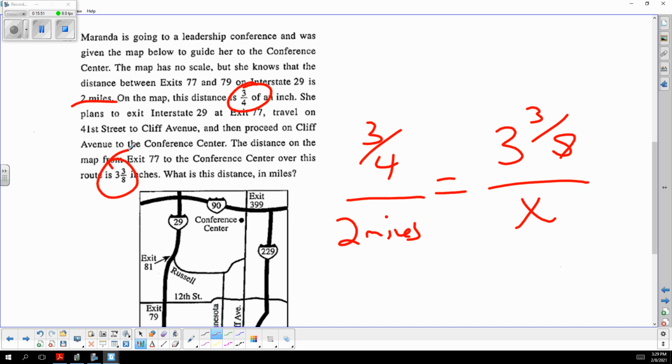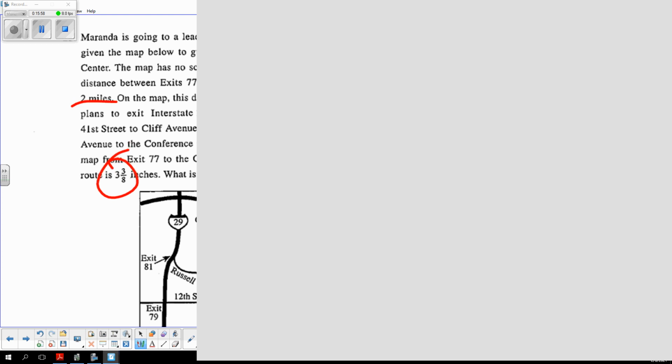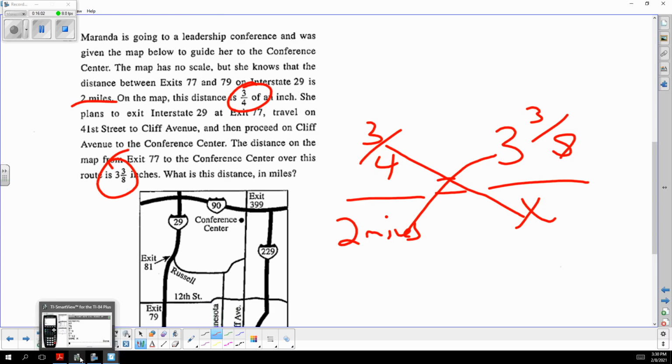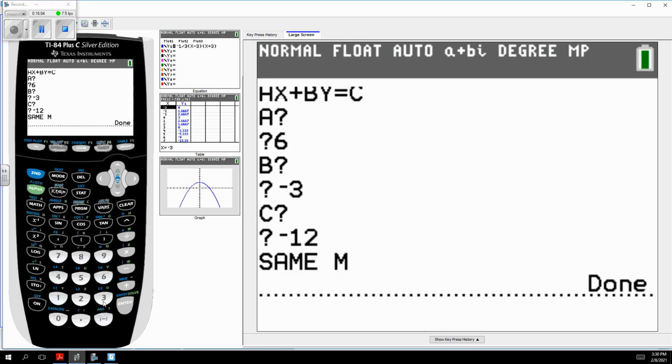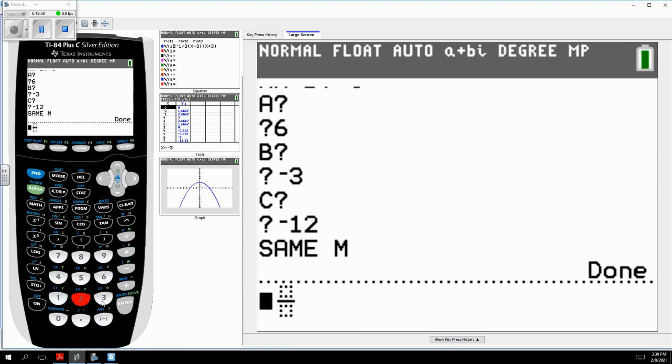That's all they were asking. It took me a year to figure it out with all the words and the picture. So I do get to use my calculator here. It's 3 3/8 times 2. So a lot of people hate these mixed numbers.